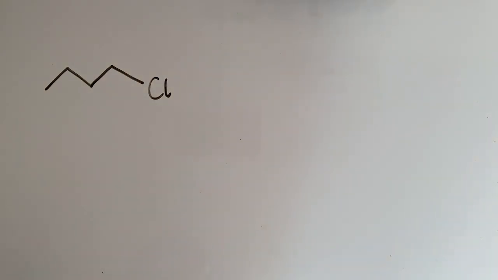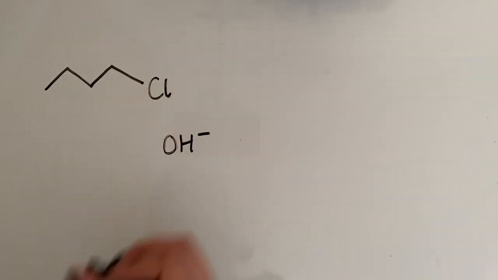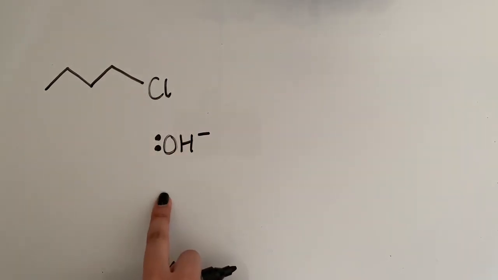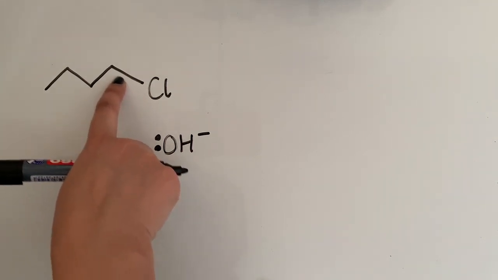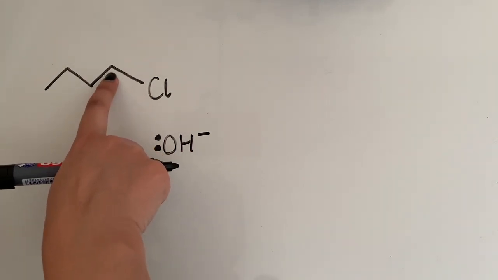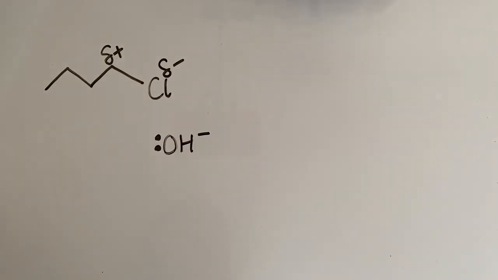And again, imagine that I react this with, let's just say potassium hydroxide. Okay, if I react this with potassium hydroxide, I've got hydroxide ions present. Draw the lone pair on the oxygen. This is my nucleophile. On my haloalkane, my 1-chlorobutane, I need to draw a dipole. This carbon here is delta positive, and this chlorine is delta negative.